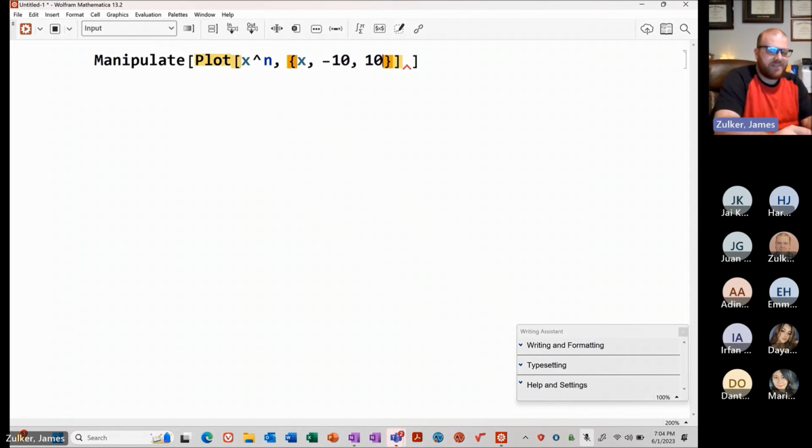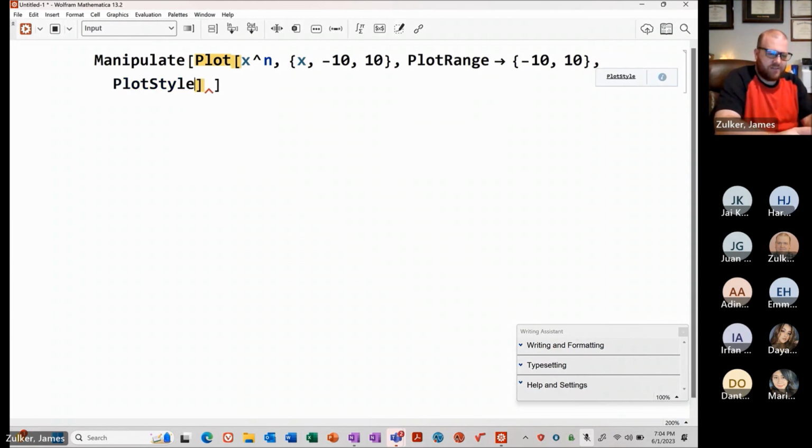Let me do -10 to 10. Oops, I locked the plot range, also do -10 to 10. Let's go to 20. Change by 2 each time.